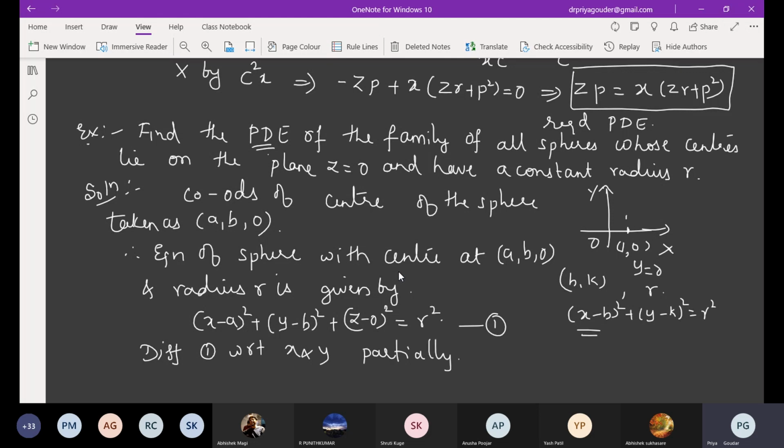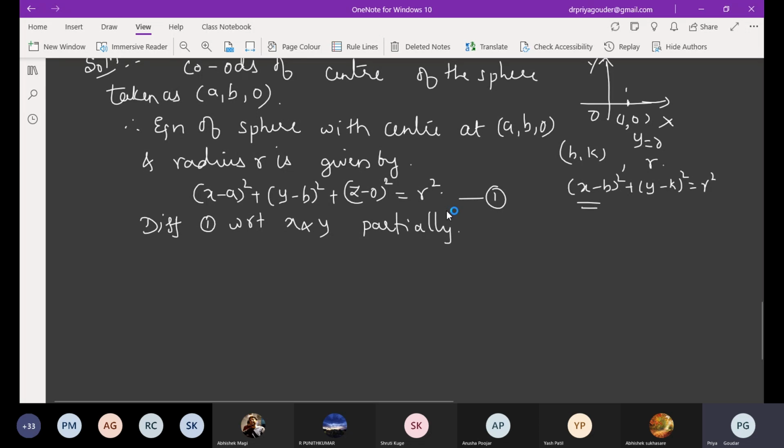What is the differentiation of (x minus a) the whole square with respect to x? 2 into (x minus a). What about the second term? 0. Third term? 2zp.